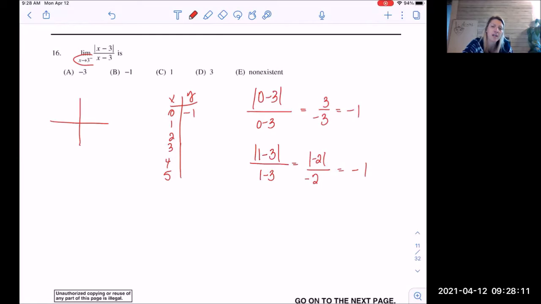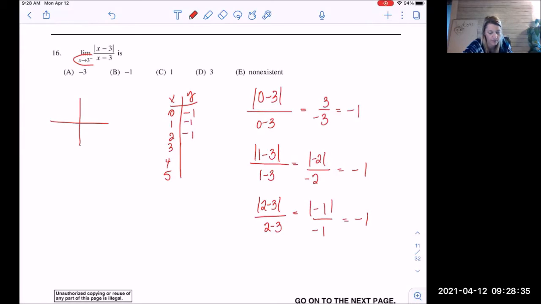And you should start to go, huh, what about other values there? Let's try 2. 2 minus 3, absolute value over 2 minus 3. You're going to have always positive on top and the matching number on the bottom, negative 1.